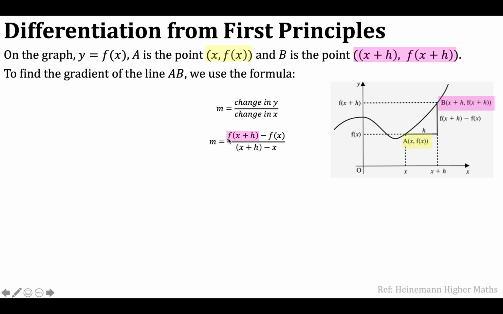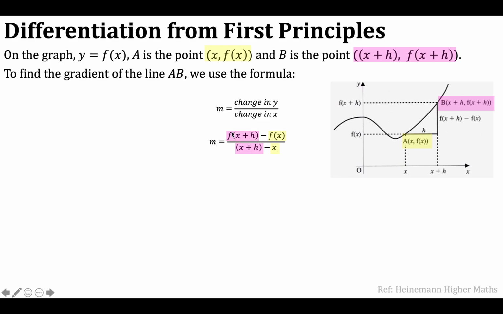So we take the y ordinate of point B minus the y ordinate of point A, over the x coordinate of point B minus the x coordinate of point A. Now, you can see here on the numerator, we've not got anything which will simplify.